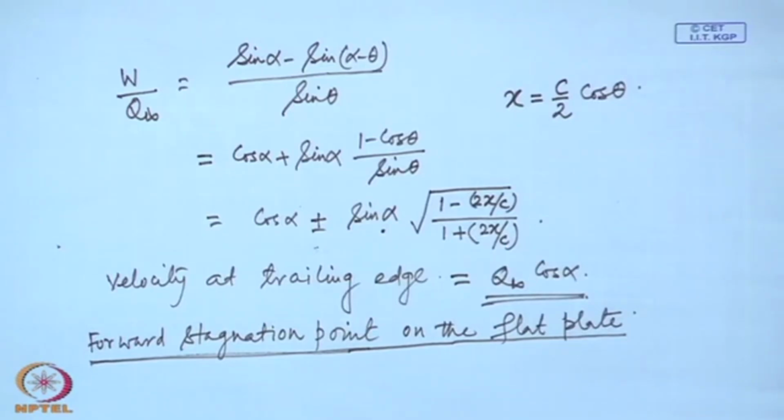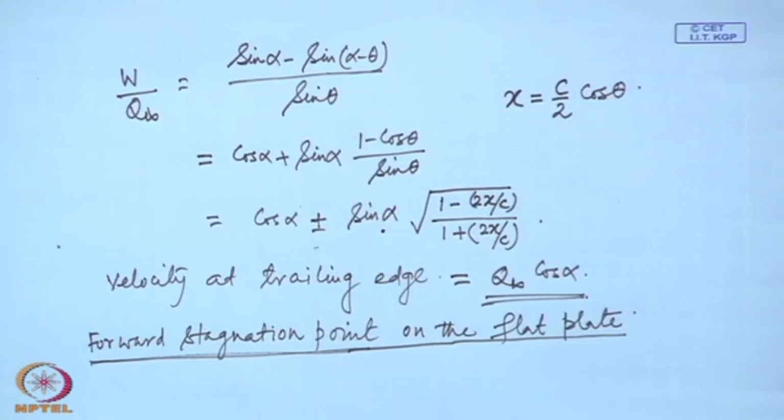You know the expression for W. Either you can make it 0 and find out at what theta it will become 0, or where that point theta equal to pi plus alpha on the circle is being transformed to.